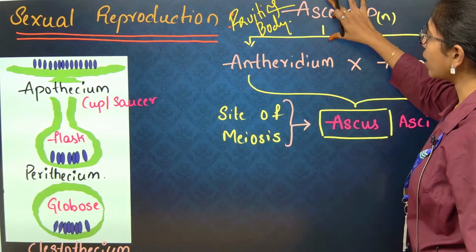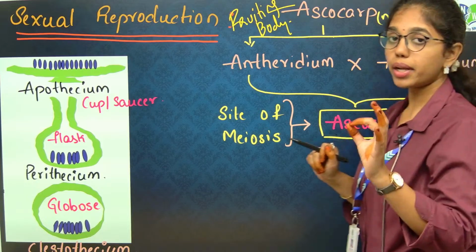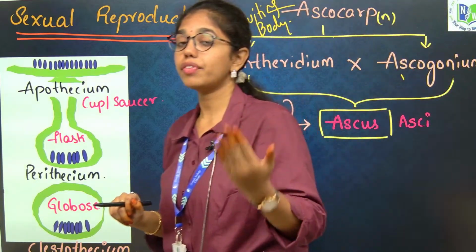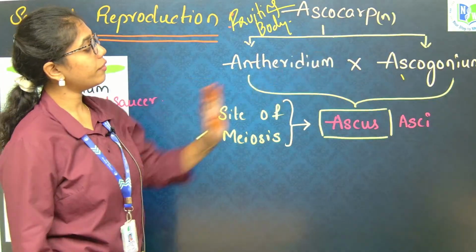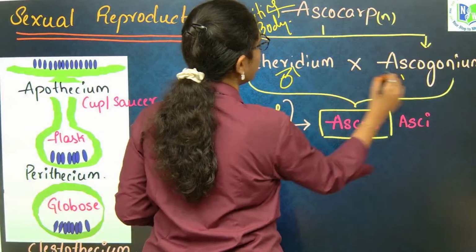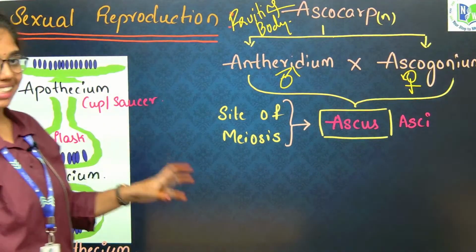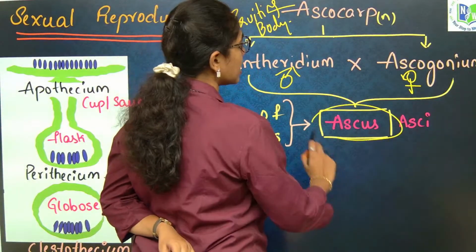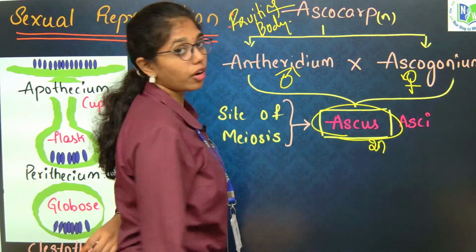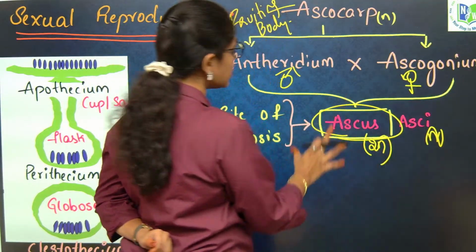This ascocarp, whose ploidy is haploid, has inside it antheridium, that is the male gamete, and female gamete, that is ascogonium. These two will fuse, antheridium and ascogonium. Post fusion they will form what? Ascus. Ascus is formed inside the ascocarp only. Ascus is diploid. Plural form of ascus is asci.